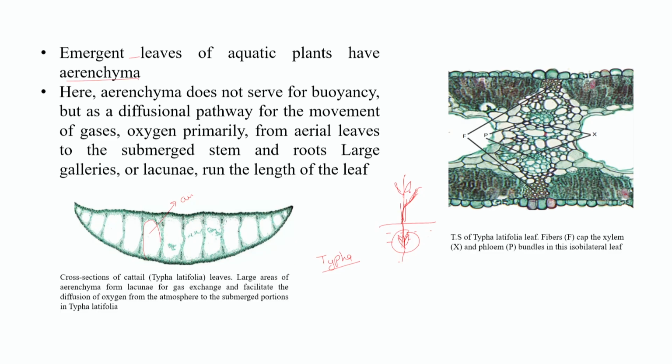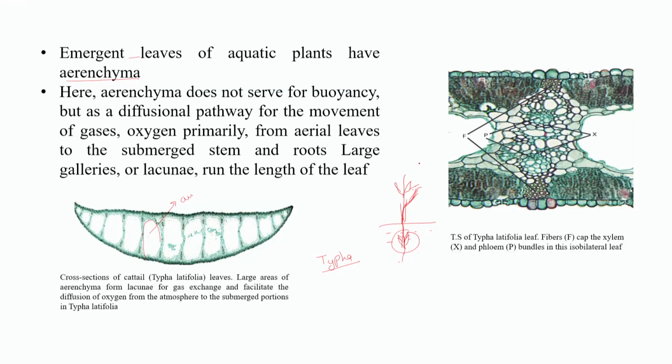These leaves are also performing photosynthesis, so they will produce oxygen, which can again be utilized for respiration. More oxygen can come from the atmosphere and enter those leaves and finally reach the submerged portion.